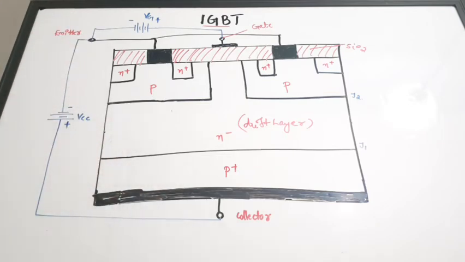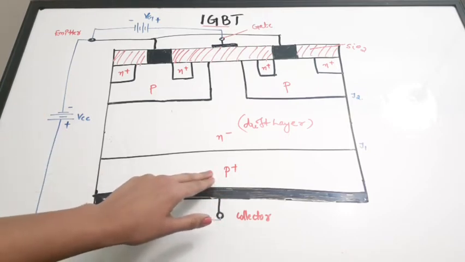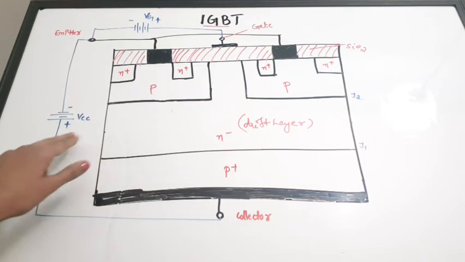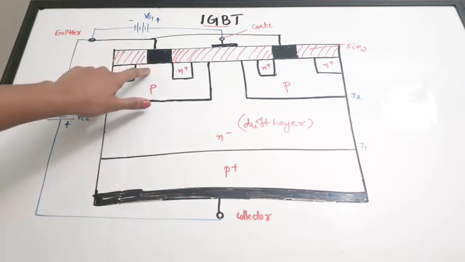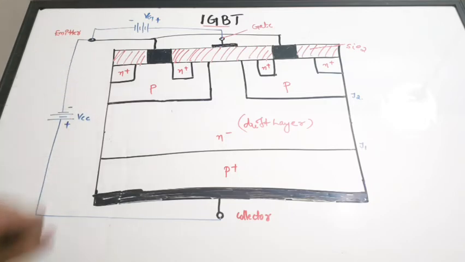Now consider that we are not applying any VG value. When VCC is connected like this, the positive is connected with the P layer, so P and P are connected together, and the emitter is connected with the negative side.